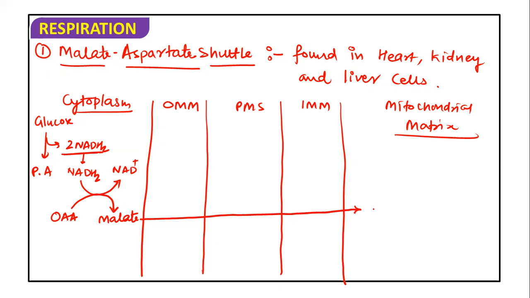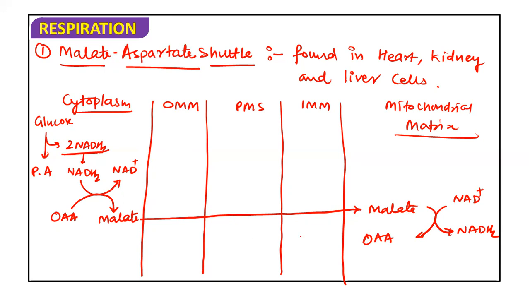In the matrix, this malate reacts with NAD plus and gets converted into NADH2, and oxaloacetate is formed.